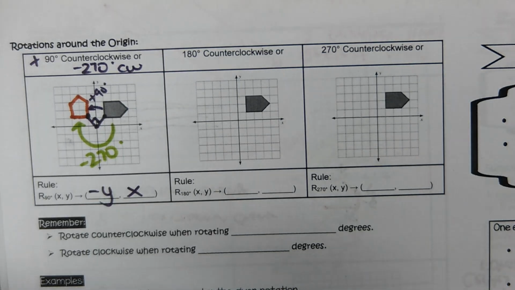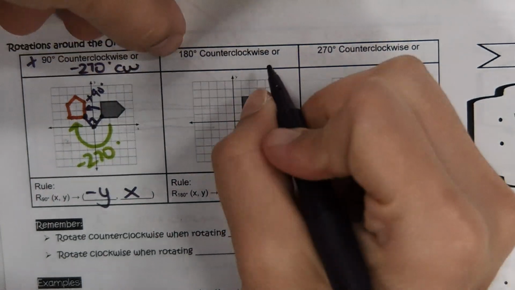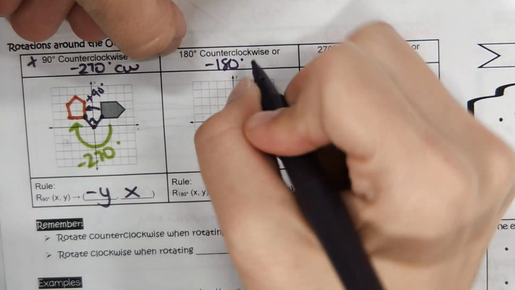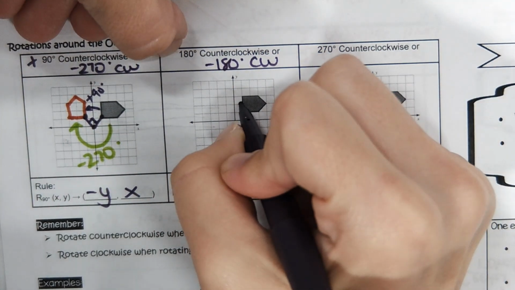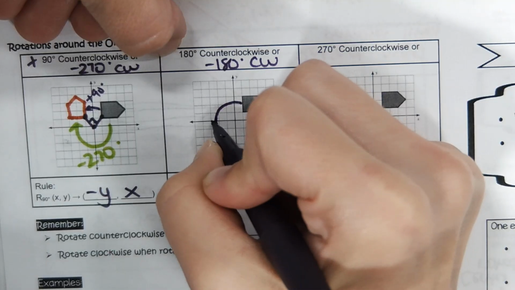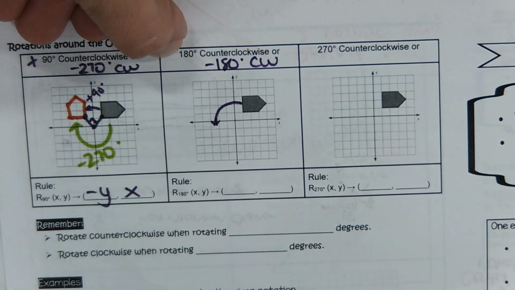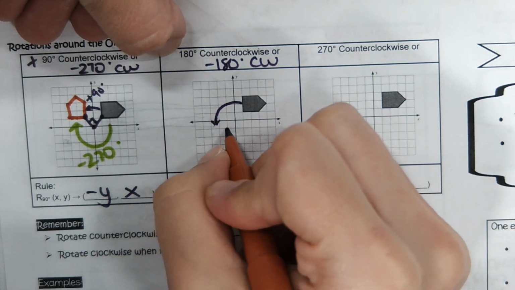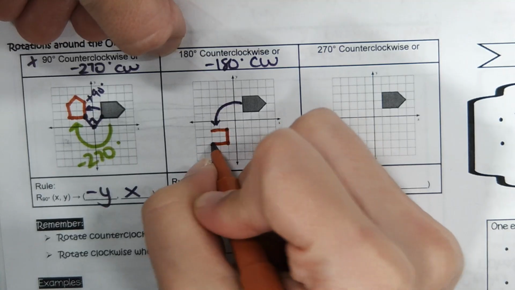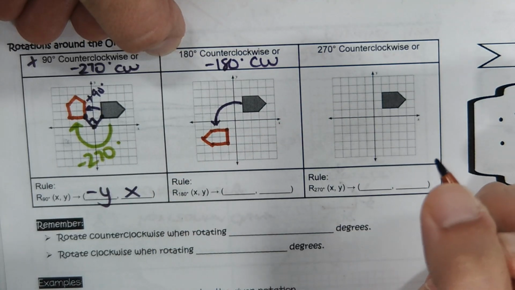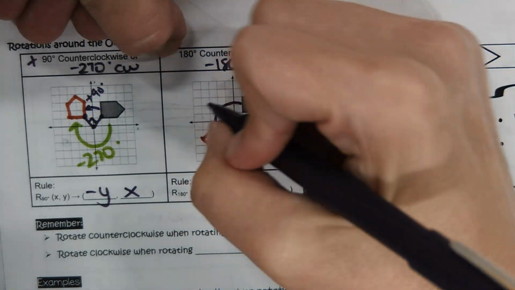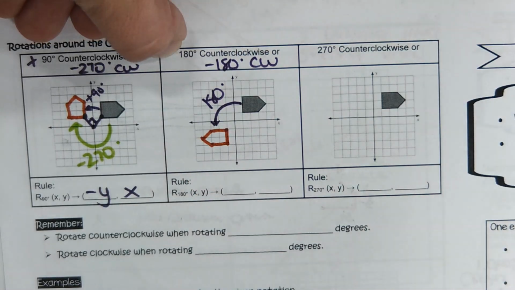And for the next one, 180 degrees counterclockwise or negative 180 degrees clockwise would be 2 turns here. So putting it in this quadrant, and then drawing the shape, it would look like this. And that would be 180-degree rotation.